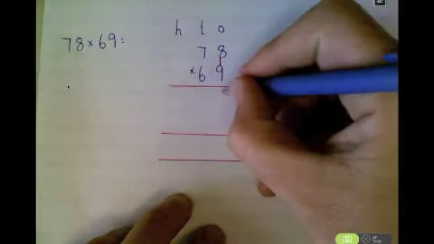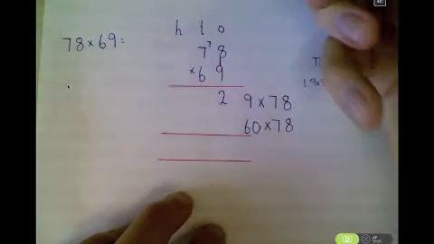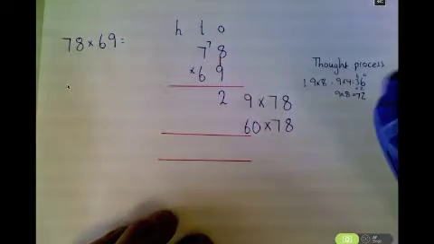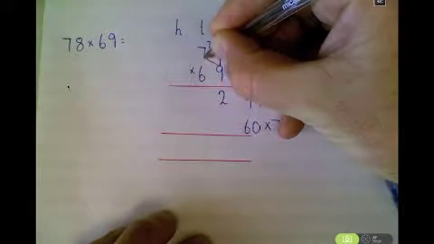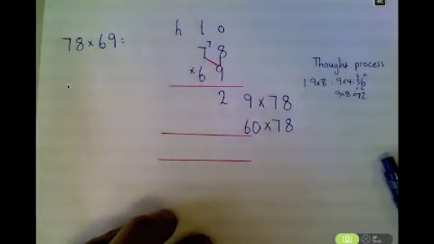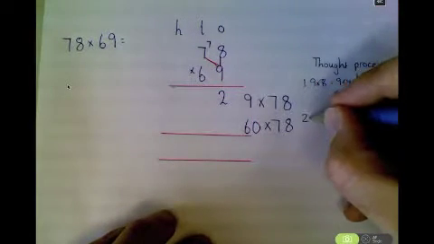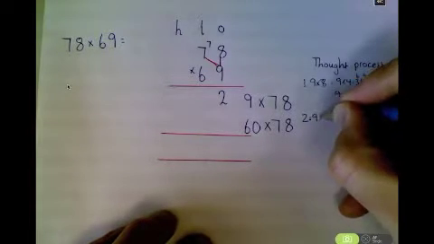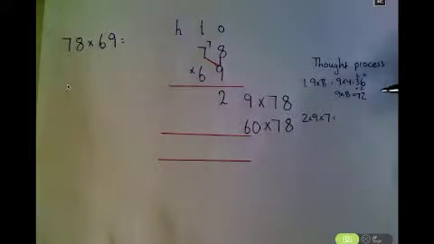Now 72 has 2 ones and 7 tens. So carry the 7. Our next step is 9 times 7. Well, if you're not sure of your 7 times tables, you can count by 7.